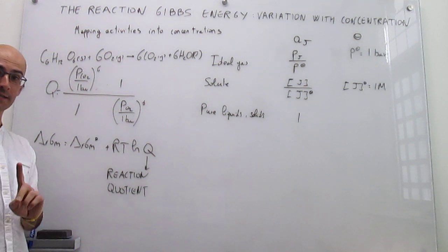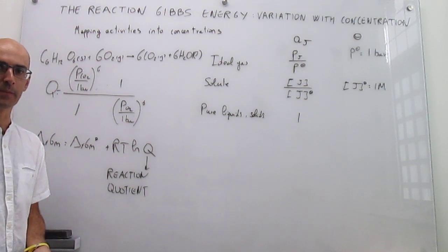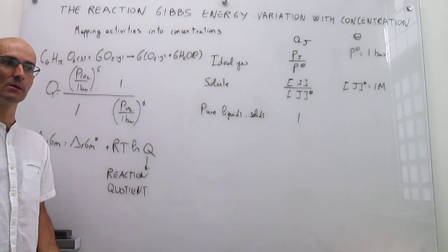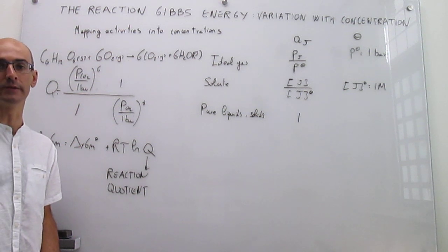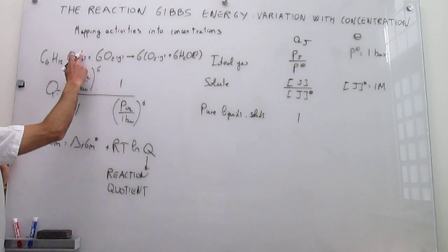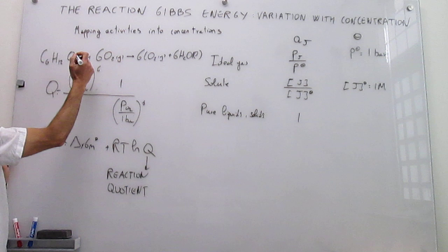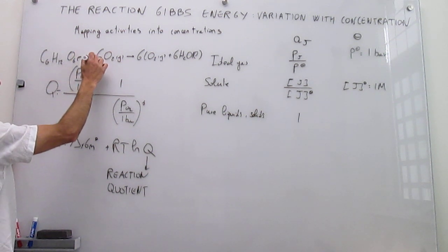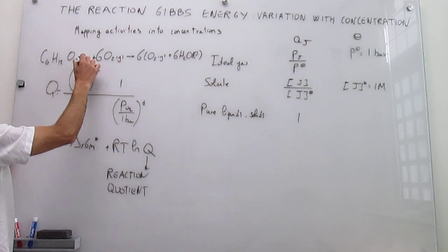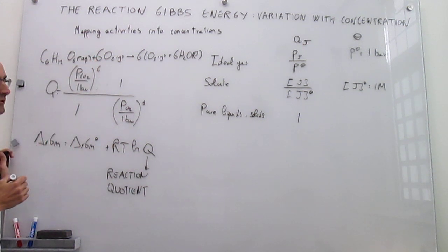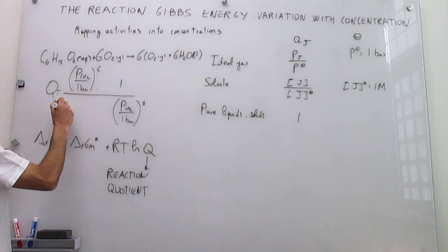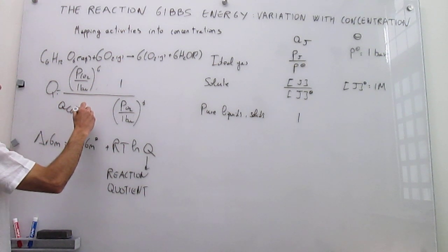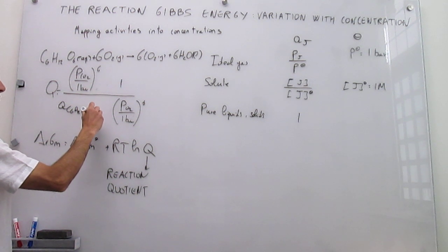One more example just to illustrate solutes. Suppose that we're not doing this reaction with solid glucose, but we have glucose dissolved in water. So it's not a solid, but it's in aqueous solution. We can write that simply as (aq), meaning that it's in solution. Here we'll have the activity of glucose, C6H12O6, in solution.